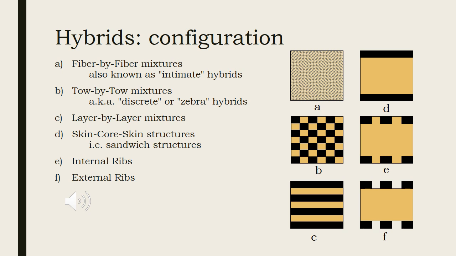Similarly, animals with armor brought the concept of external ribs in composites. Both these techniques are perfect for high performance applications as well as decreasing weight per volume of the composite. It is truly revolutionary technology.